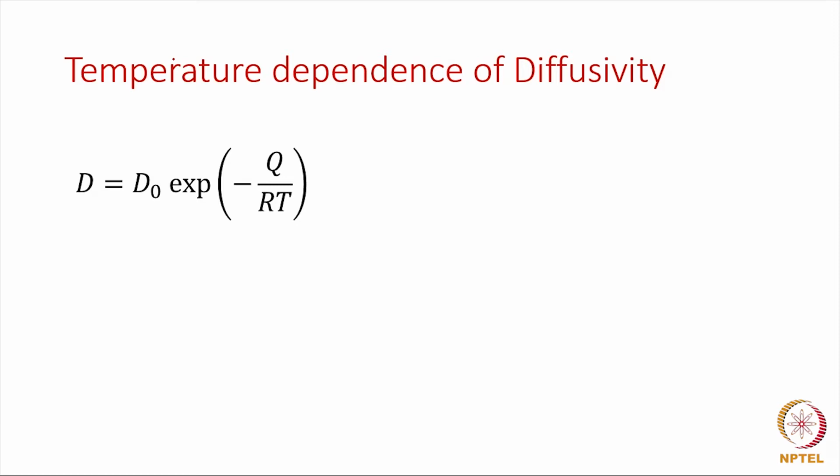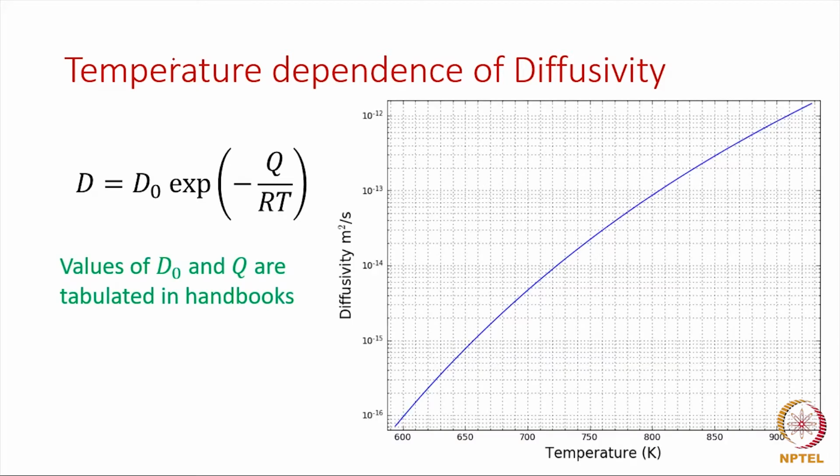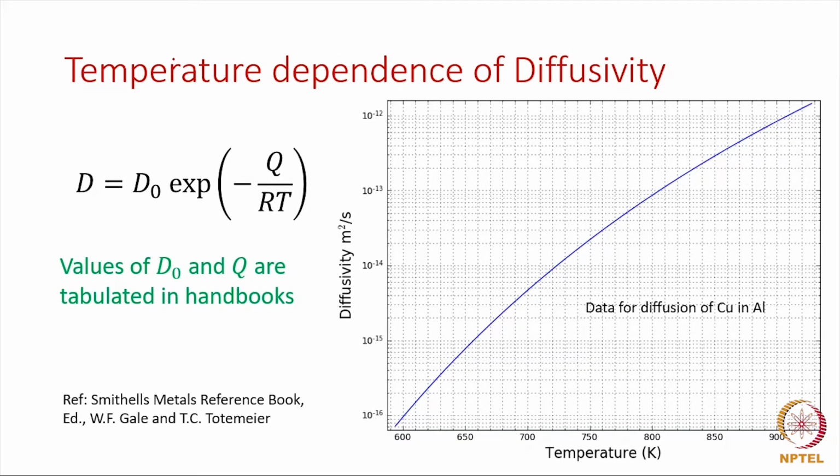Q is the activation energy for the diffusion process, and the values of D0 and Q are tabulated in handbooks, and one such handbook which we normally refer to is the Smithells Metals Reference Book. So from there we pick up, let us say, the diffusion data for copper in aluminum matrix, and then plot.